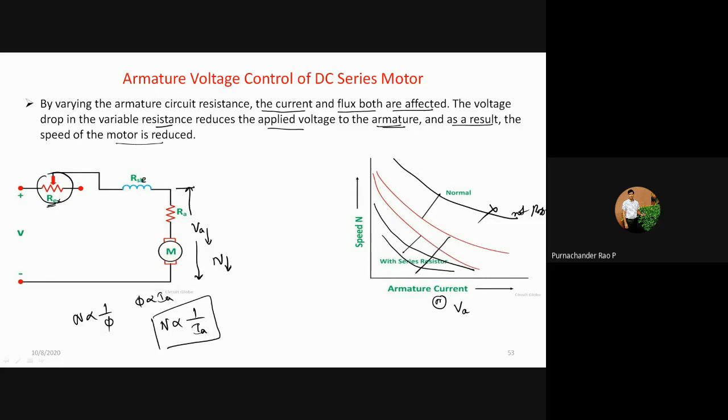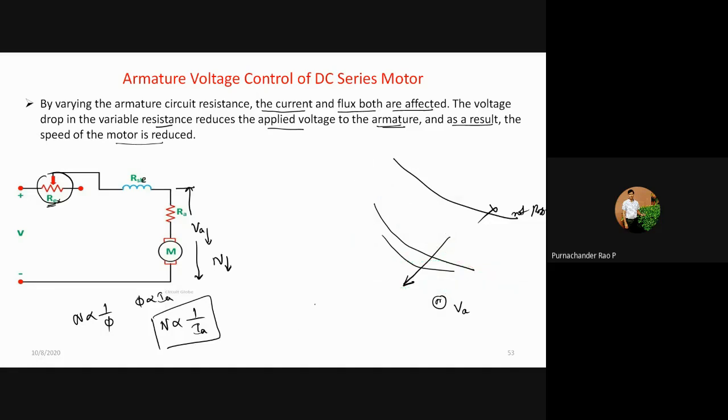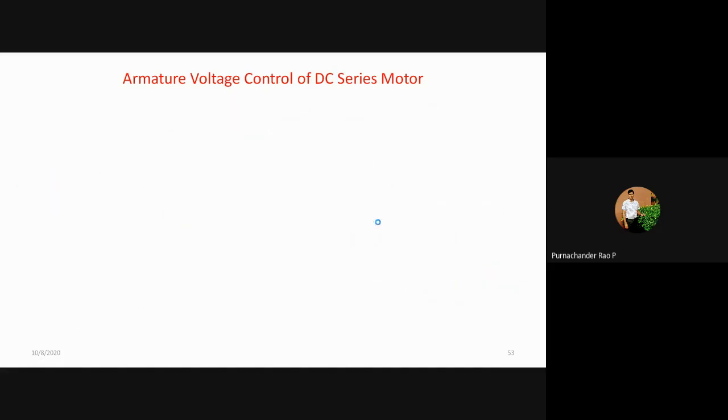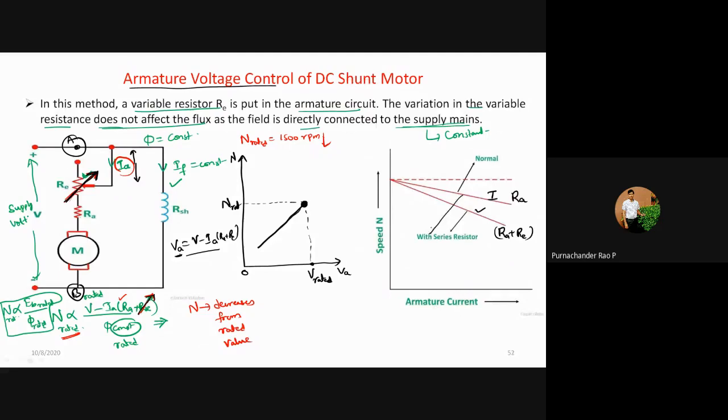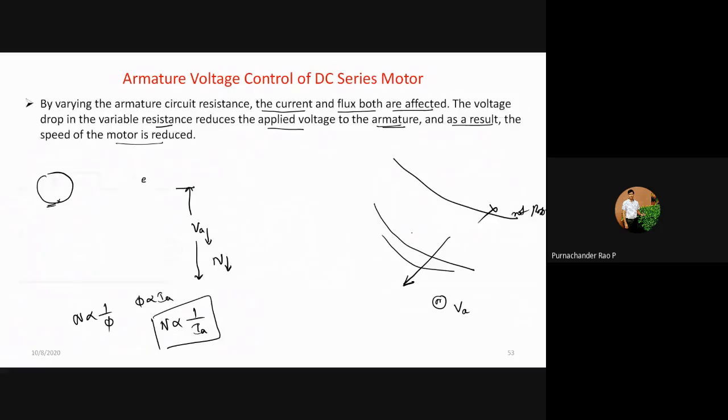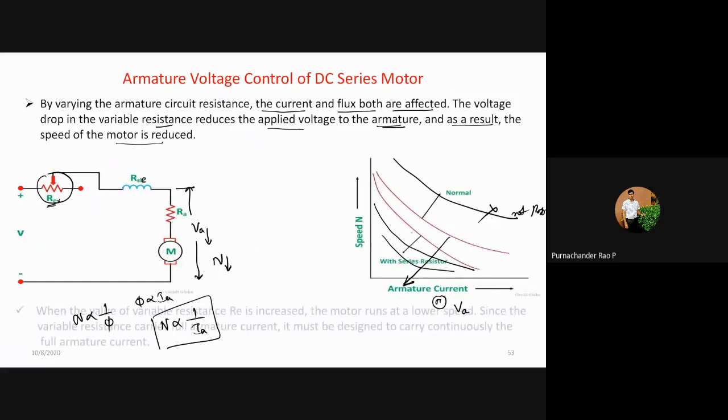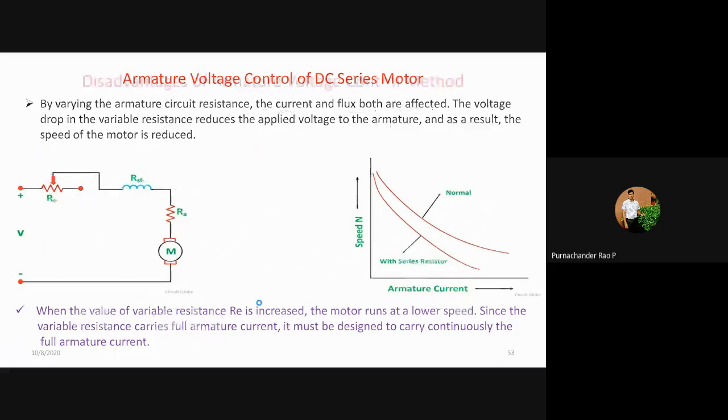The speed is always below the rated value, in the previous case also. So the speed will always be reduced below the rated value only. You cannot control the speed of a series motor or shunt motor above the rated values.